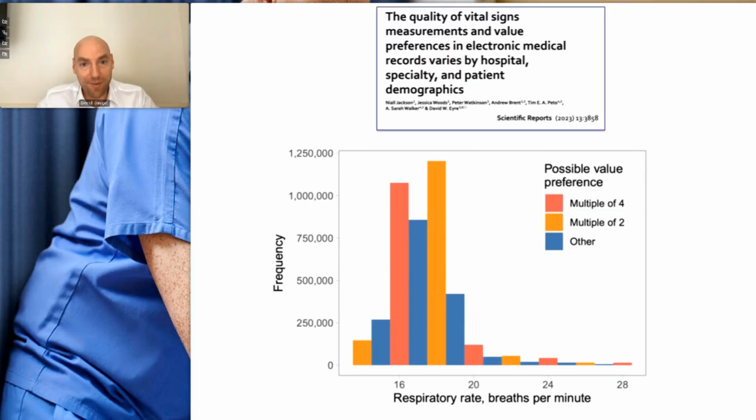This is a very similar approach. If you look at respiratory rates documented in patient medical records, those are often 16, 18, or 20. Again, multiples of 2 or 4, reflecting that the way we measure respiratory rate today is insufficient. We look at the patient for a couple of seconds and then multiply to reflect breaths per minute.